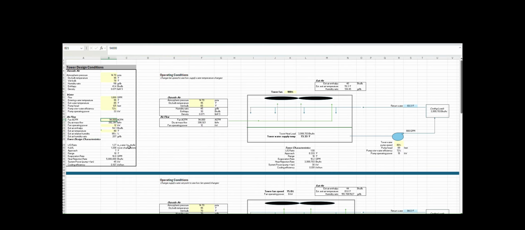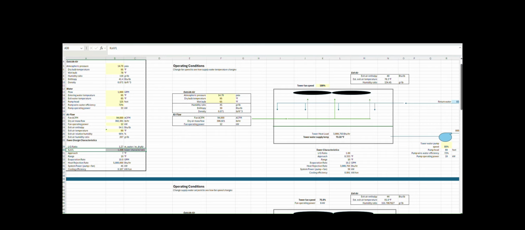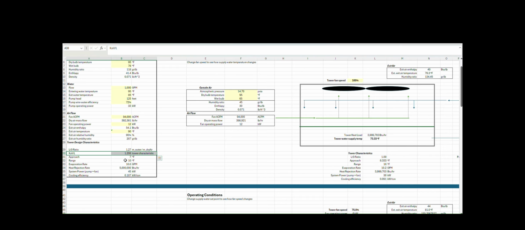If you dig deep enough, they do give these fans a CFM rating that you can find. And you're going to need that to find this L over G ratio, which we've talked about too much now, but you know that's an important design parameter for doing this modeling. And so you calculate this KaV over L characteristic. Now, that's not something that's going to be published in a cooling tower spec table, but you can back into it exactly how we described.